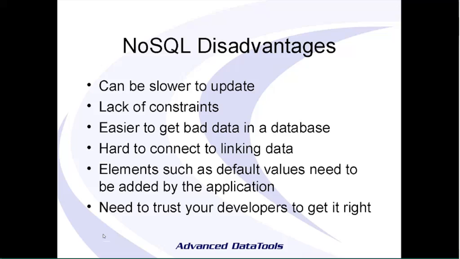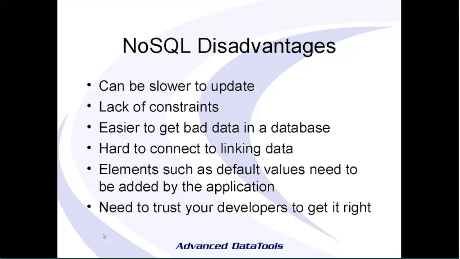It'll just take it, and then your application will have problems with it later on. And because of that, it's easier to get bad data into your database. You ship a bad version of an application, and you now have all these extra fields in there that weren't supposed to be there, or things are stored improperly. Again, not something that can't happen with relational databases, but you have more tools at your disposal.